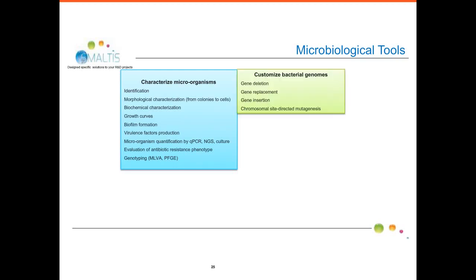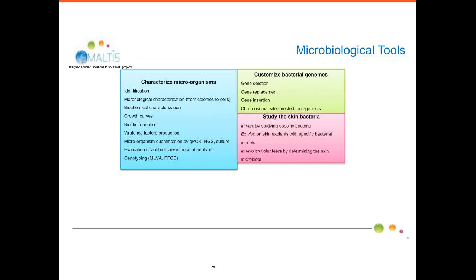Secondly, we have developed specific tools to customize the genome of gram-negative bacteria. We can propose to delete a gene specifically or to replace it with another one without leaving any additional DNA or resistance cassette. I'll give you an example of what we do with this tool later in the presentation.